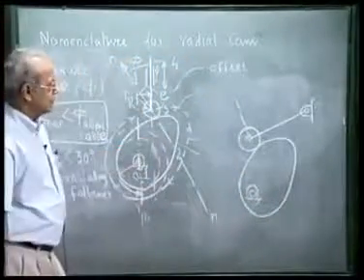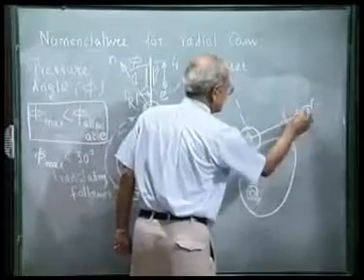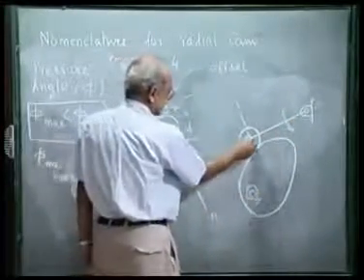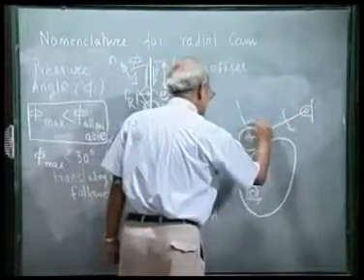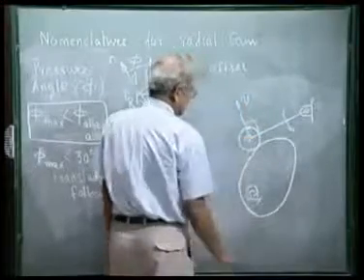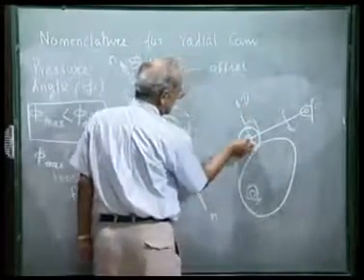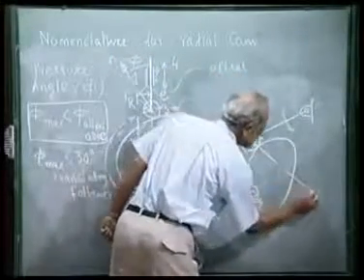suppose we take the case of a roller follower but oscillating. This is hinged here. Then the direction of the velocity of the trace point is perpendicular to this line. This is the direction of the velocity of the trace point, and the common normal between the roller and the cam surface.